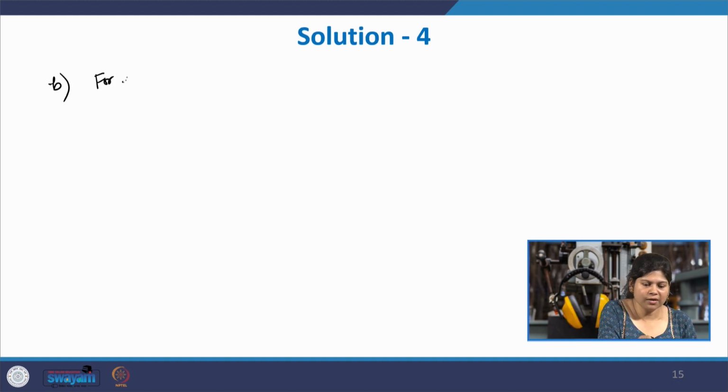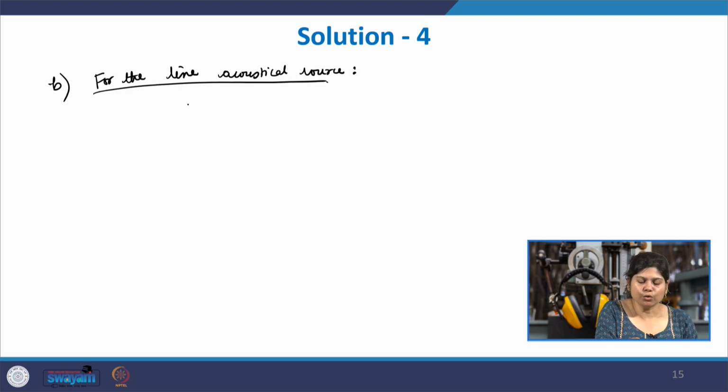so for the line acoustical source, the energy radiated would be directly proportional to the surface density of that source, because that would determine the mass flow rate.